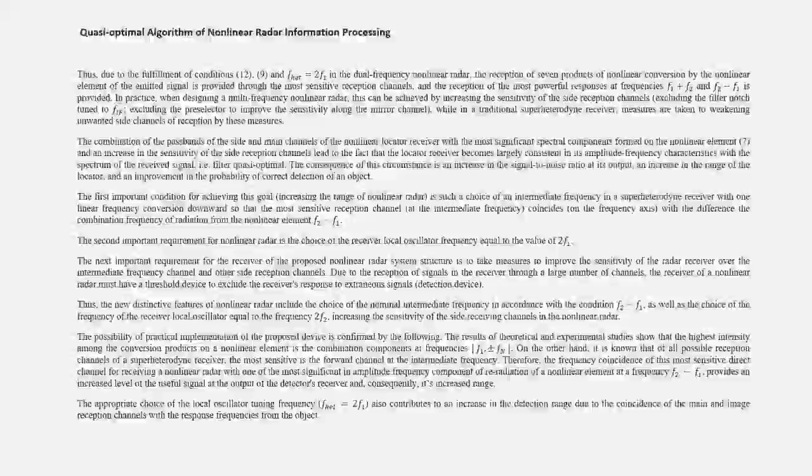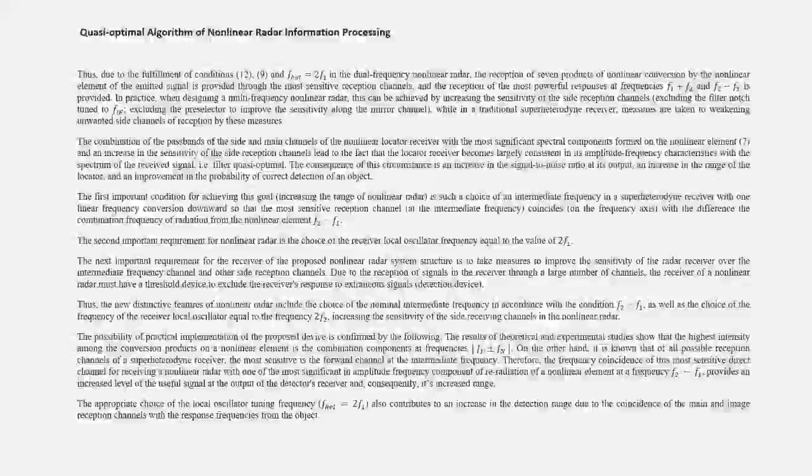The second requirement for the nonlinear locator is the choice of the receiver local oscillator frequency equal to the value of 2f1. The next important requirement in the nonlinear radar system structure is to take measures to improve the sensitivity of the radar receiver over the intermediate frequency channel and other side reception channels.